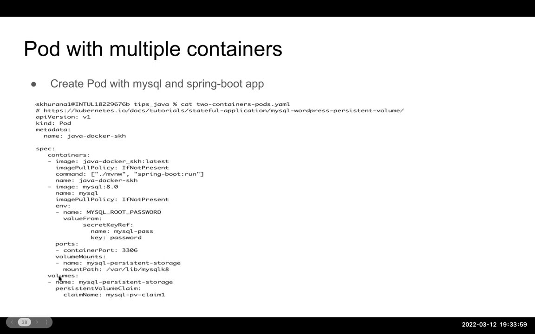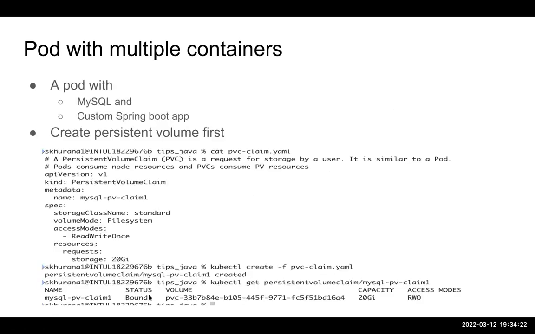Before I do volume mounts, I have to describe a volumes property here. So what is the name of this property? MySQL persistent storage, and this name should be the same as the name I have given in the volume mount. When I give the volume mount name, it is going to refer to volumes having this name. Now what I'm specifying in this is persistent volume claim MySQL PV claim 1, and this is what I have specified here.